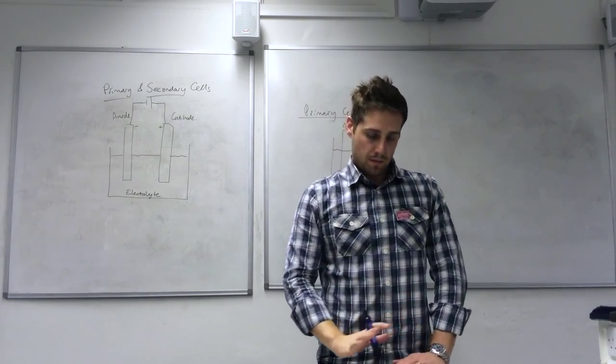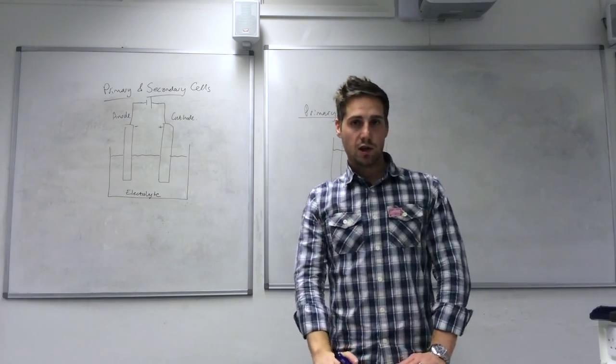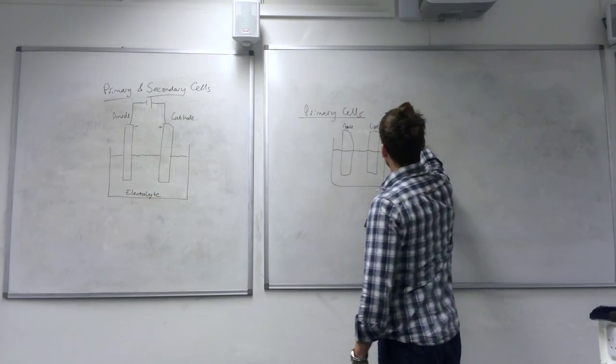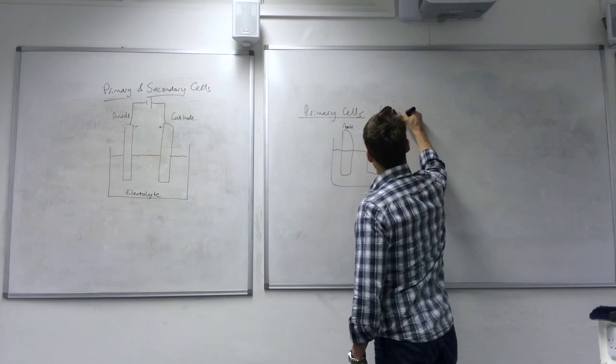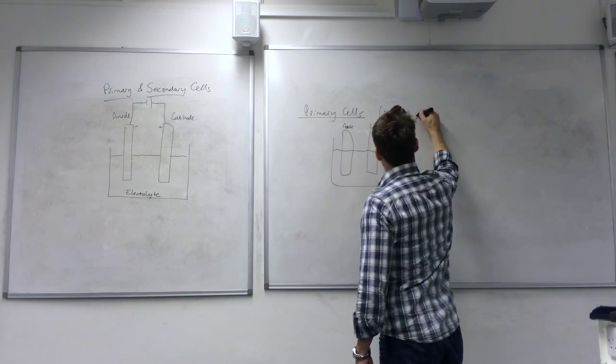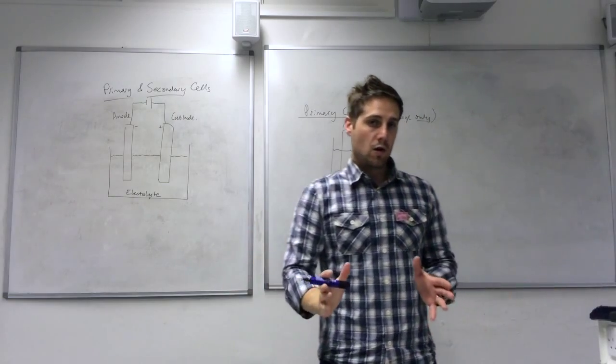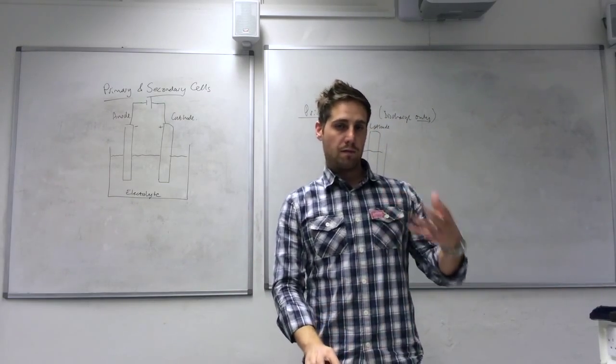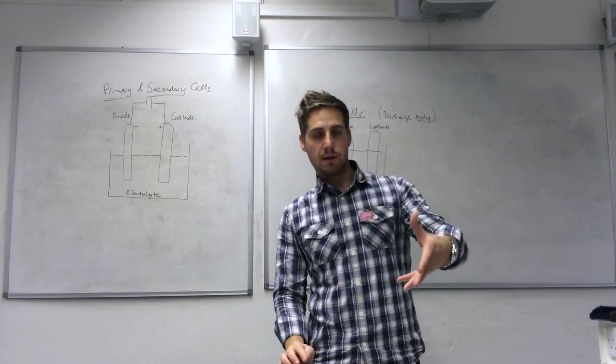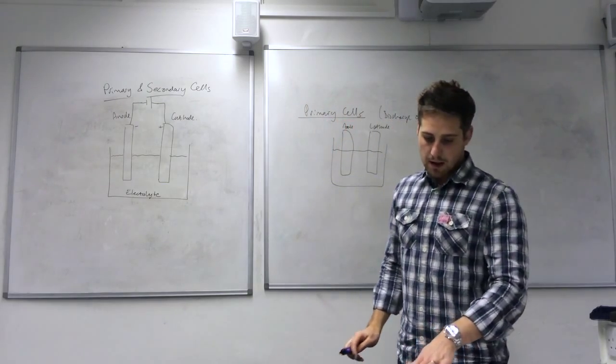Primary cells can't be recharged, so they can only be discharged. So for that reason, there's only one set of chemical reactions to take place. One chemical reaction takes place at the anode and one at the cathode.